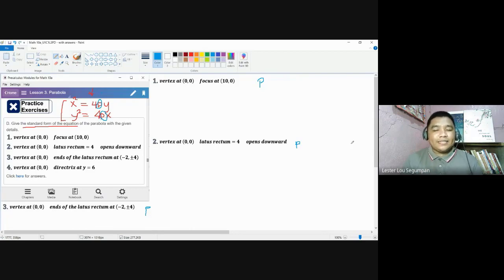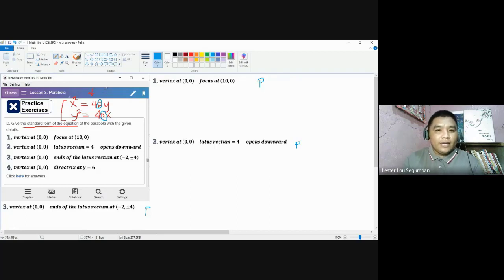They are just placed differently. So we already have the focus for number 1, the latus rectum for 2, the ends of the latus rectum for number 3, and the directrix for number 4. All of these contain p already. Our goal is to determine the value of p.